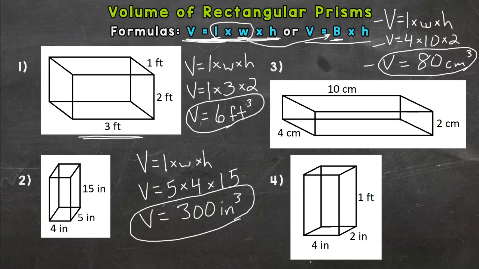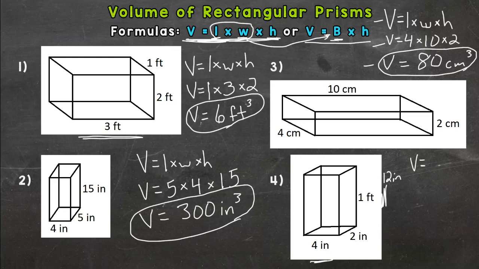It's because we have inches here, and this is feet for our height. If that happens, you need to convert everything to the same unit of measurement. It's going to be easier to convert feet into inches and then plug in. So 1 foot is 12 inches. So we know our height is going to be 12 inches. Now everything's in inches and we're good to go.